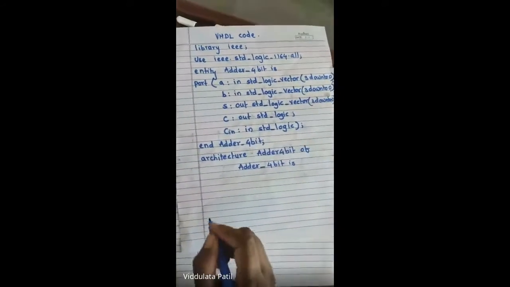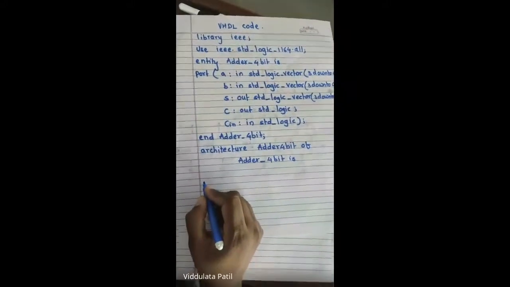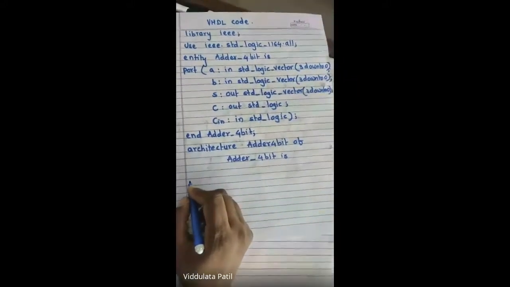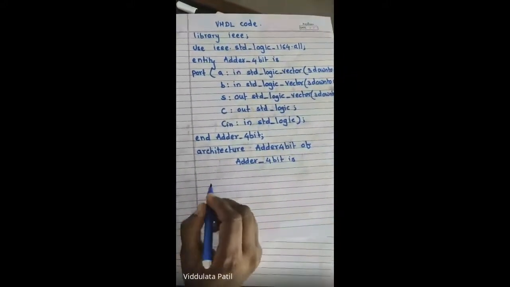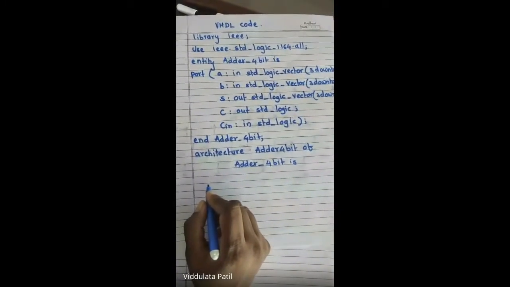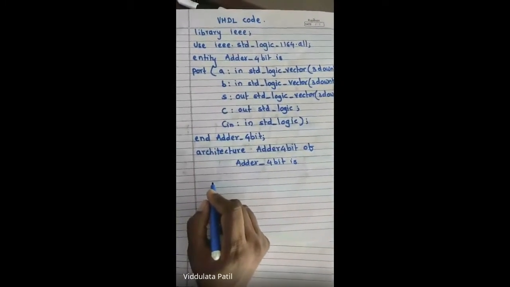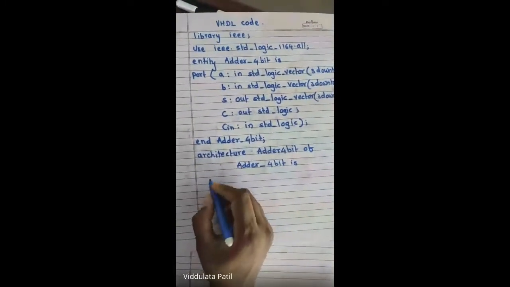Okay, then here we are going to use a for loop. So for this we need to declare process. Because all these are sequential statements, so sequential statements that we usually define in a process. So process.